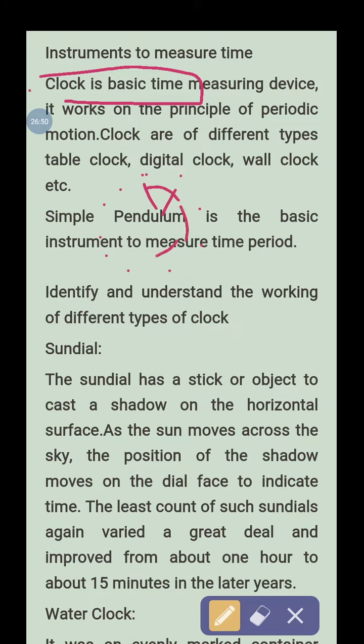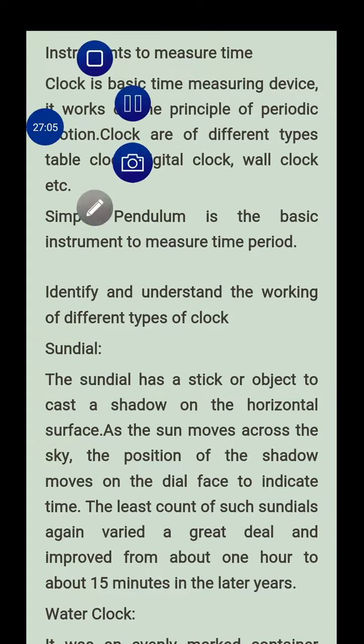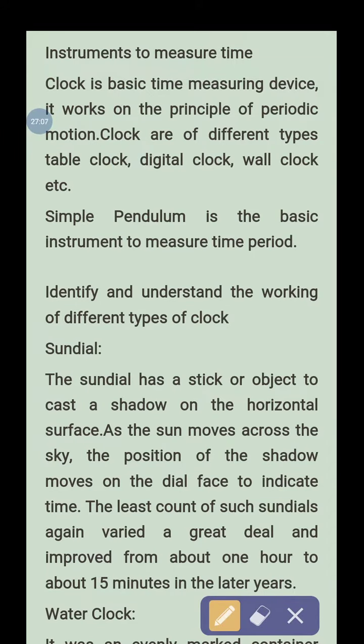This motion is called periodic motion. Clocks are of different types, like table clock, digital clock, wall clock, etc. What is the basic instrument to measure a time period? That is the simple pendulum.